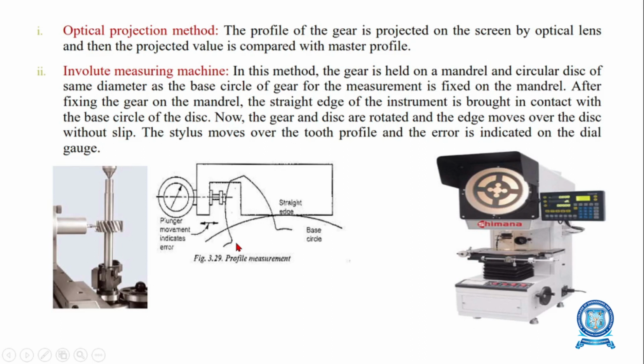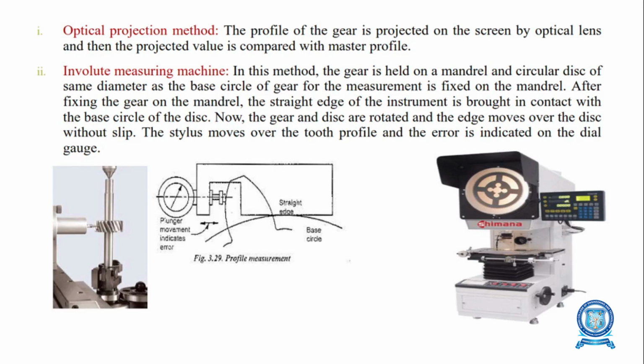After fixing the gear on the mandrel, a straight edge of the instrument is brought in contact with the base circle of the disc. Now, if the gear along with the circular disc is rotated, the straight edge moves over the disc without slip. The stylus of the dial gauge is brought in contact with the tooth profile.